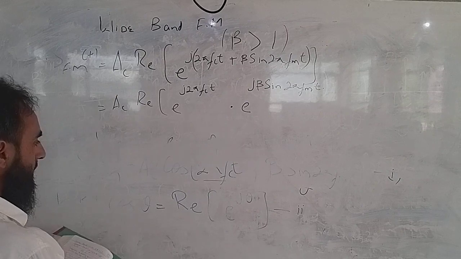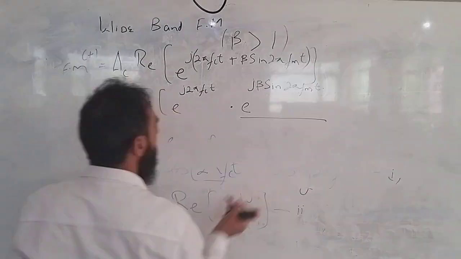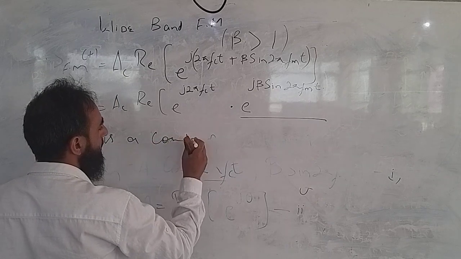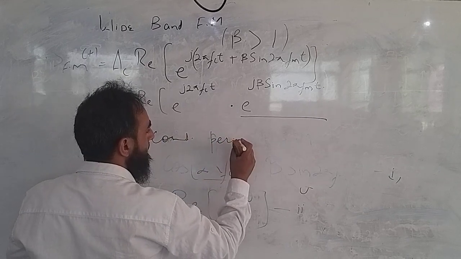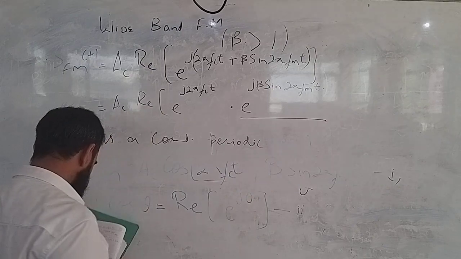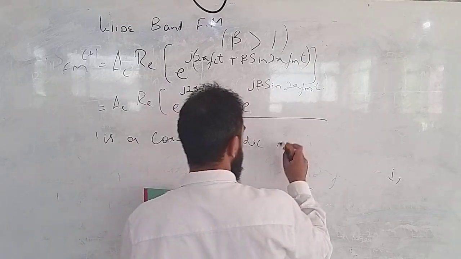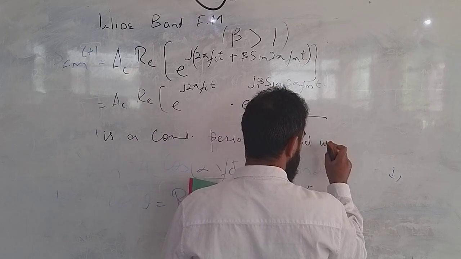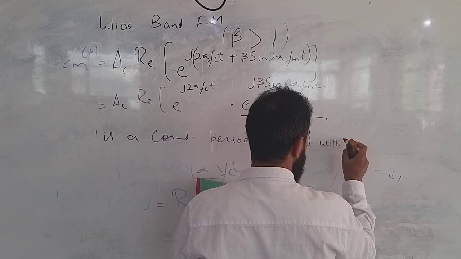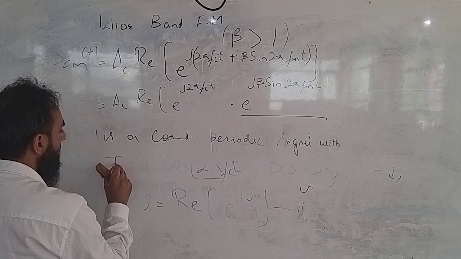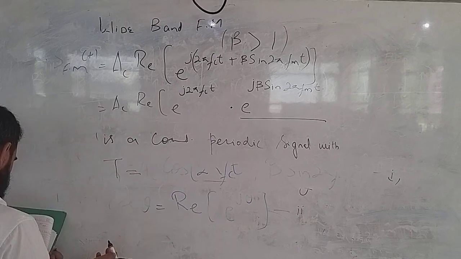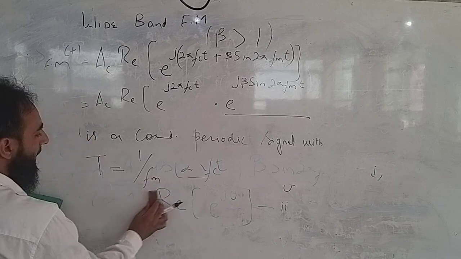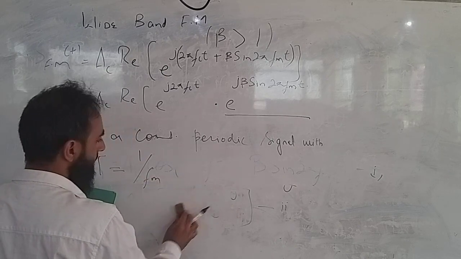So in this part, e raised to j 2 pi Fm t is a continuous periodic signal with time period T equal to 1 by Fm. Am I correct? 1 by Fm होगा इसका time period. ठीक है?